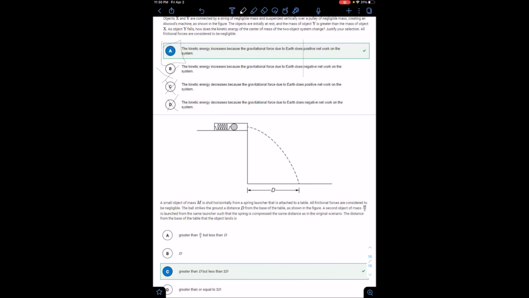Okay, the first thing to note is that we have a different mass and that all frictional forces are considered to be negligible. So that means that we're neglecting drag forces. So we will have K equals 1/2 mv squared.